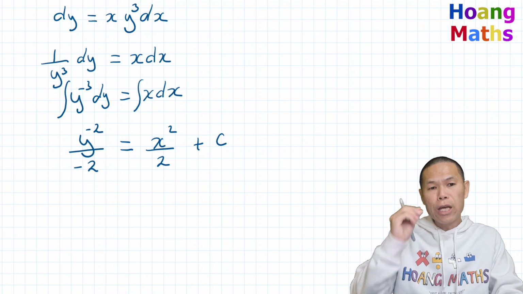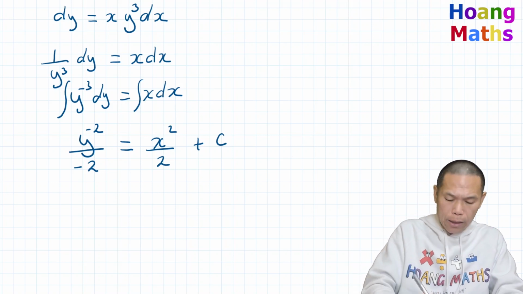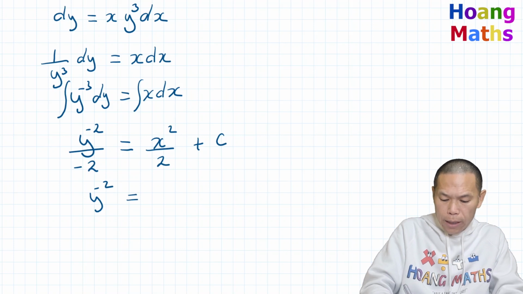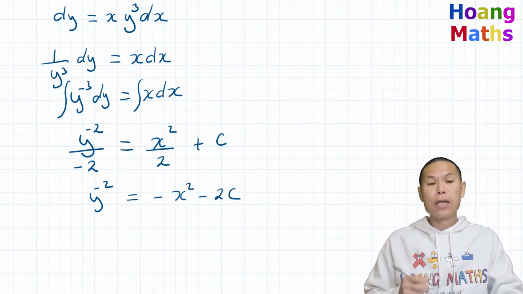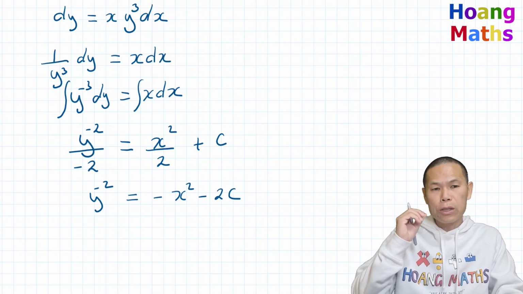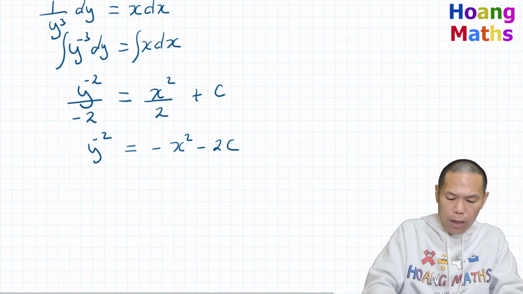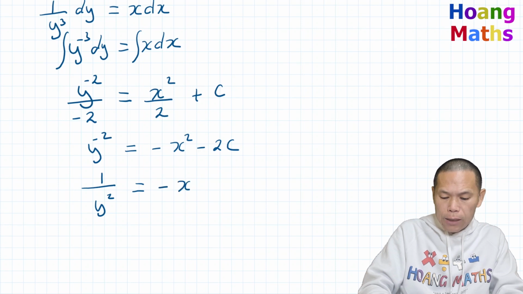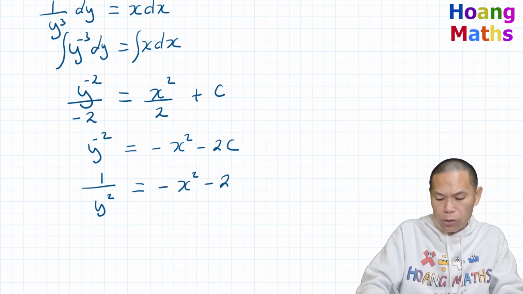Now I can multiply by negative 2 on both sides. So that becomes y to the power negative 2 is negative x squared minus 2c. Then I convert y to the power negative 2 to a positive index first. So that becomes 1 over y squared is negative x squared minus 2c.